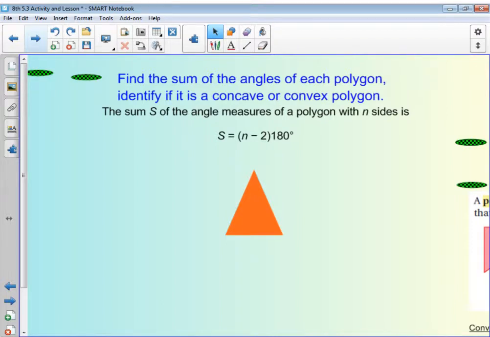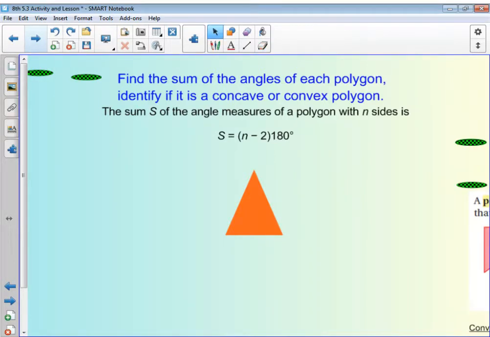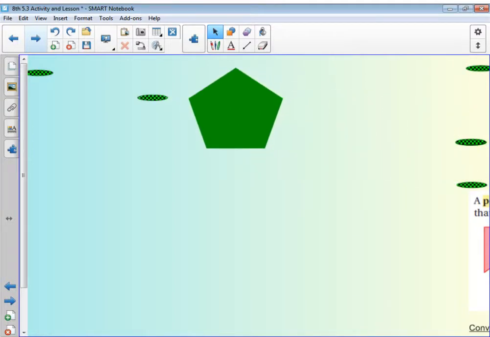So here I have a 3-sided figure. 3 minus 2 gives me 1, times 180 gives me 180 degrees, which we already know about a triangle, so we wouldn't need the formula. This formula is going to help us work with polygons that have larger numbers of sides.